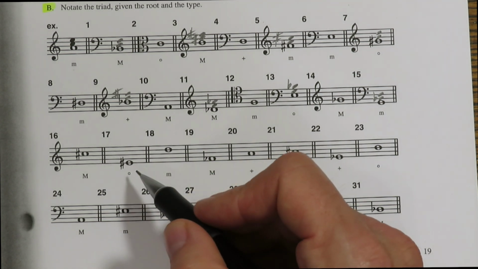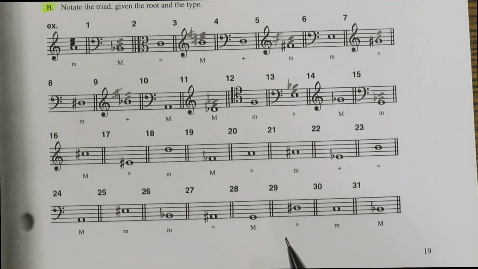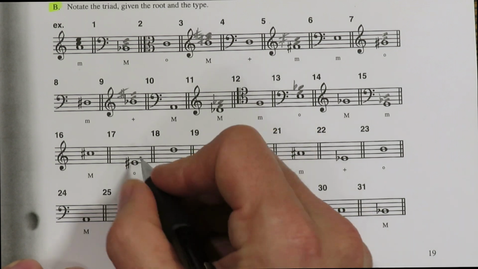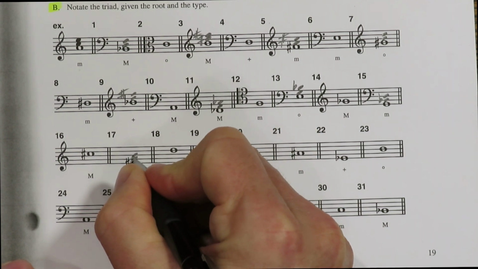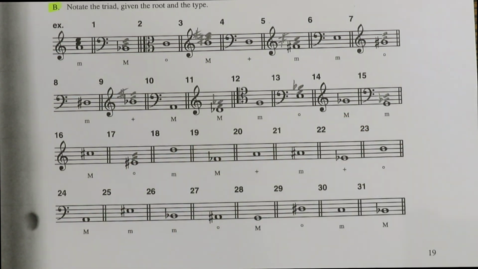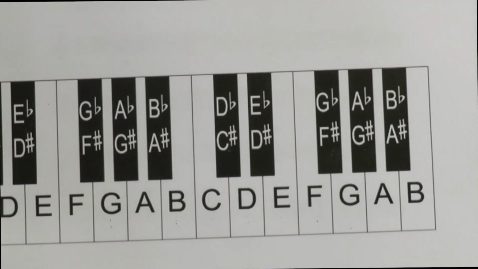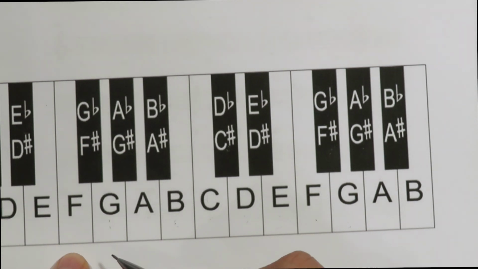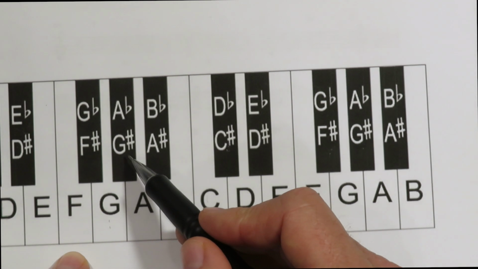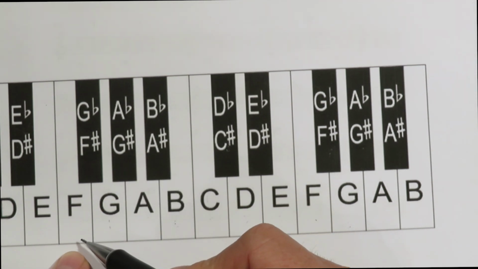Now, number 17. Ooh, E sharp diminished. Let's stack it up. E sharp, G, B. Okay. So we have E sharp, and we want a minor third away from that.